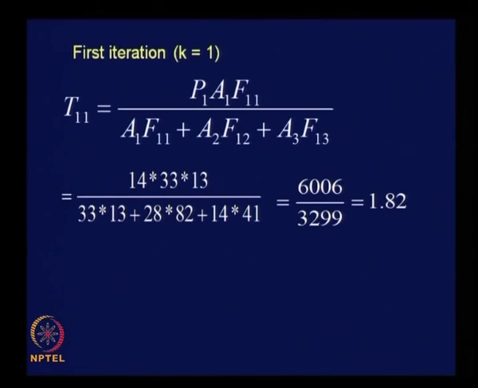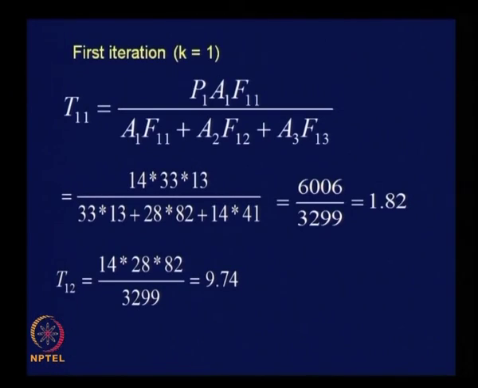It is a fraction. We will keep the fraction as it is at this stage, and finally we have to round it off to the nearest whole number because Tij is nothing but the number of trips distributed between traffic zones. It cannot be a fraction. Since we are in the middle of the analysis, we need not worry about rounding the fractional part to the whole number at this stage.